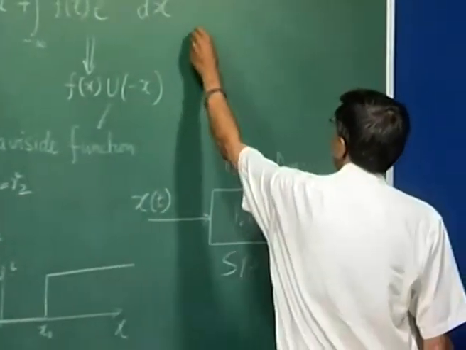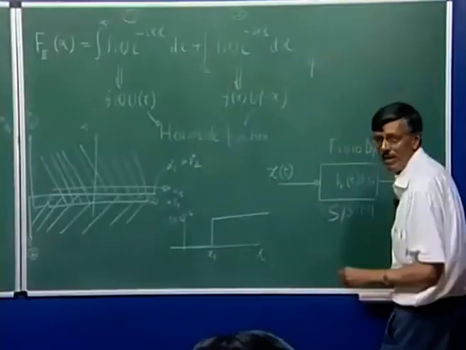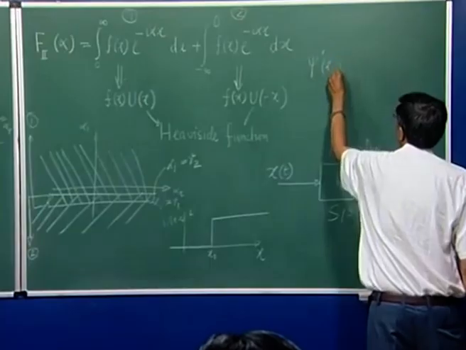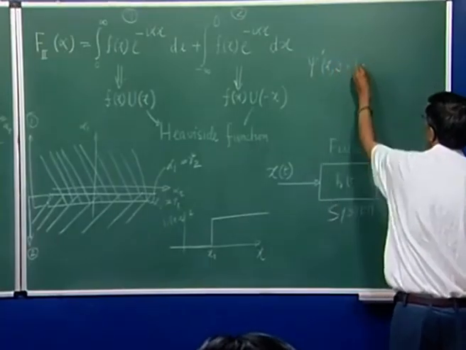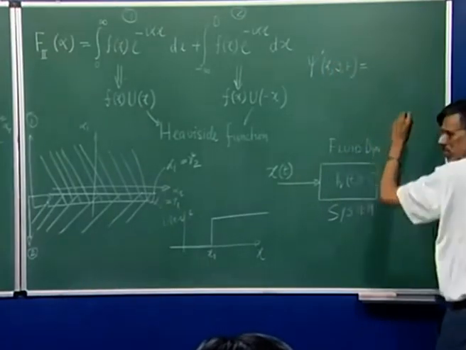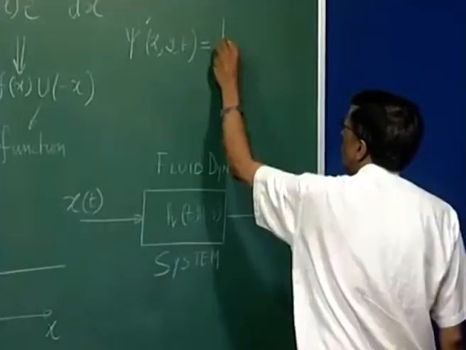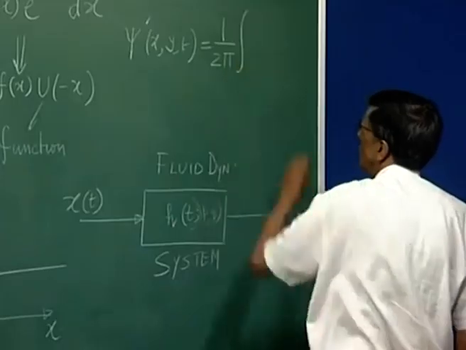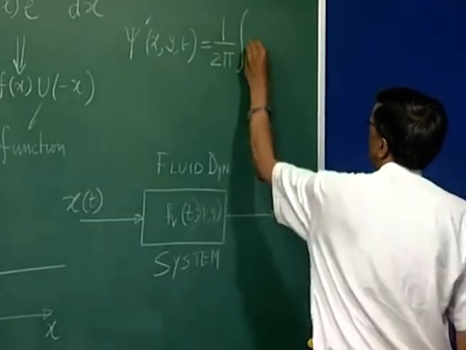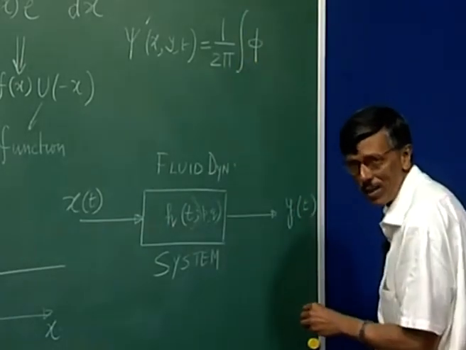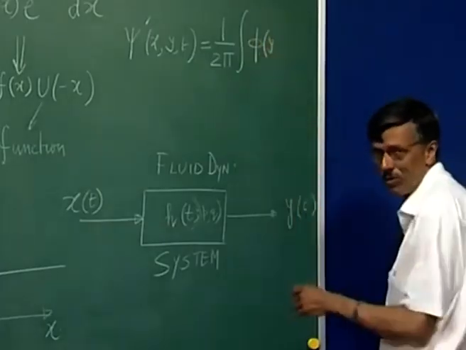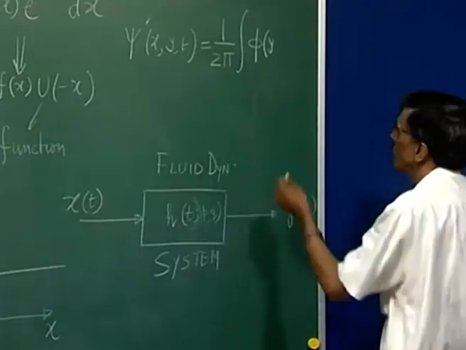So, let us say that is like my psi, and we wrote it like phi, which was a function of y, of course, the height from the wall.